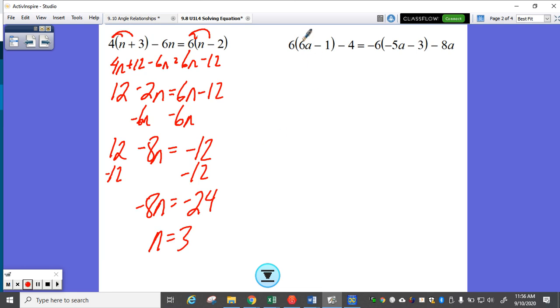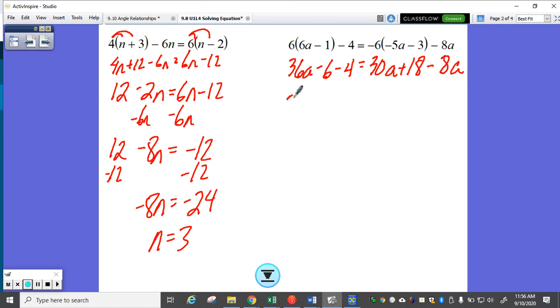We'll do the next one real quick. We'll distribute the 6. So I have 36a minus 6 minus 4 equals 30a plus 18 minus 8a. Again, applying simple concepts in more complicated situations.